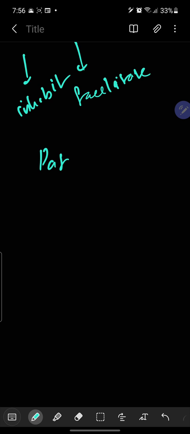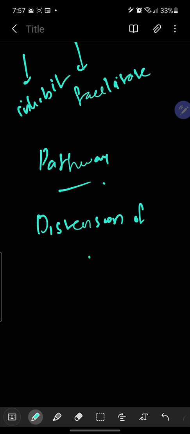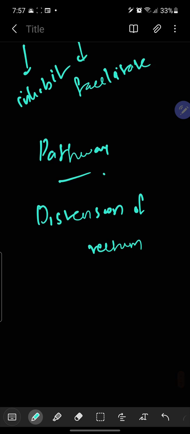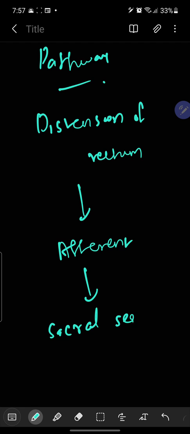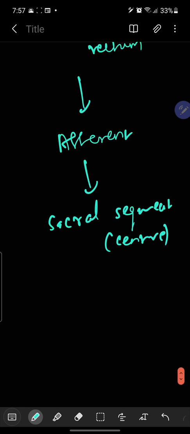Now coming on to the pathway. When the feces gets filled, it leads to distension of the rectum. The sensory fibers, the afferent fibers, reach the sacral segment. The center is present in the sacral region.